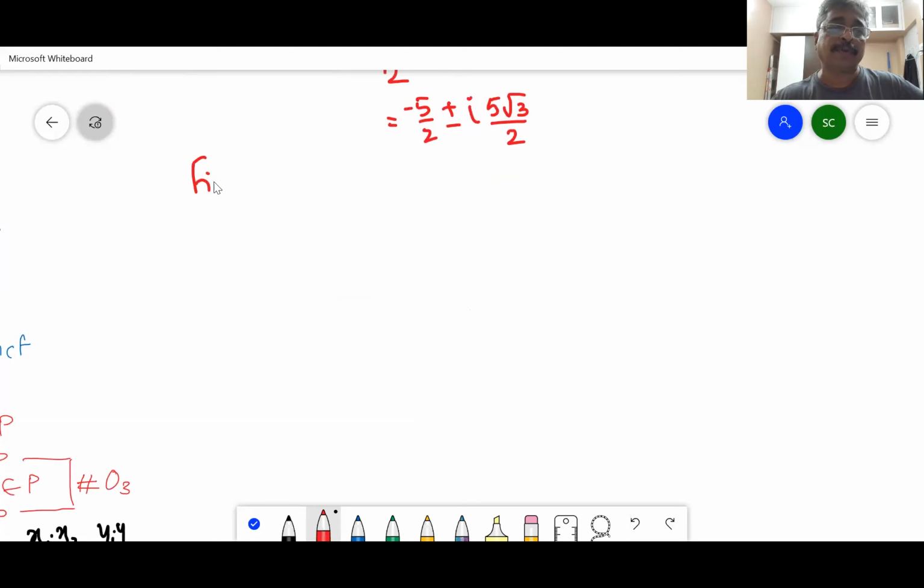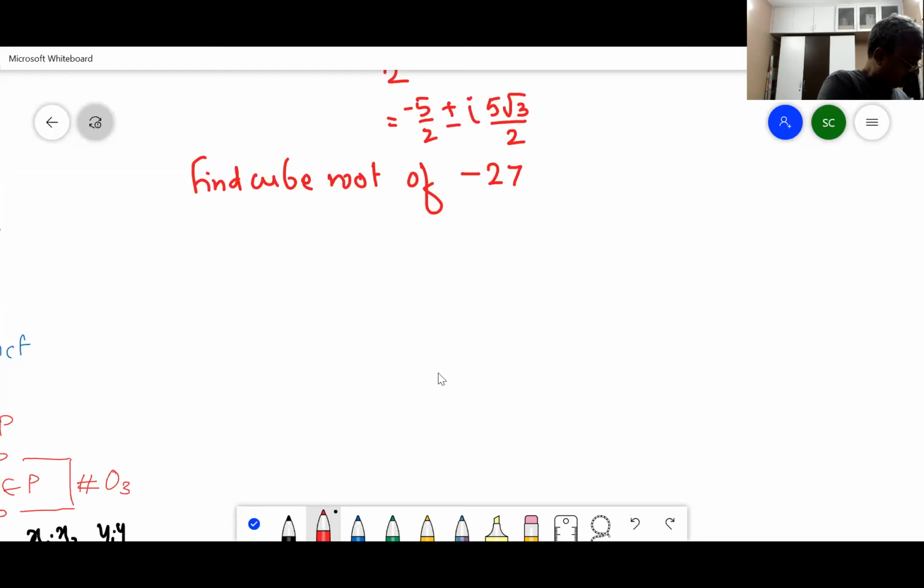Find cube roots of minus 27. Three by 2 minus 3 root 3 by 2 i.